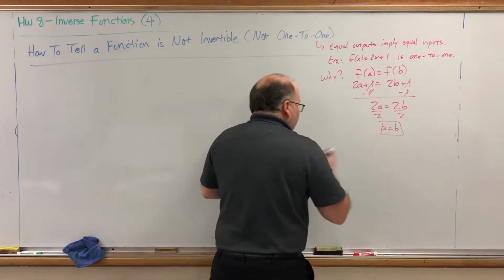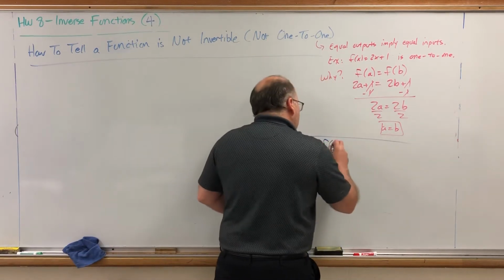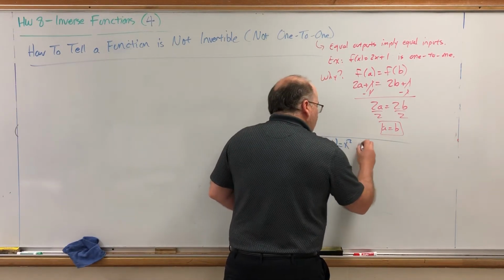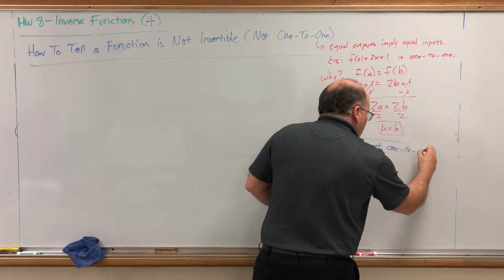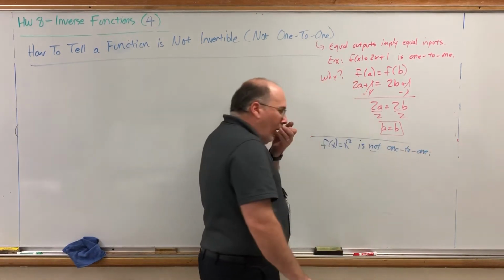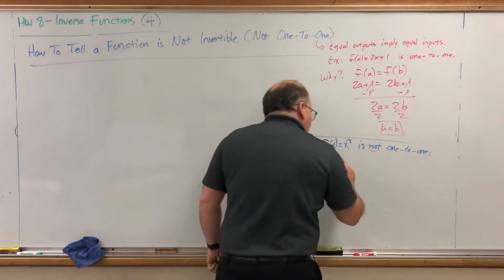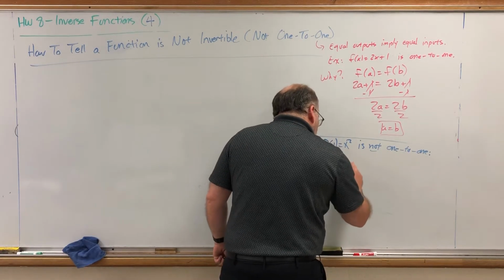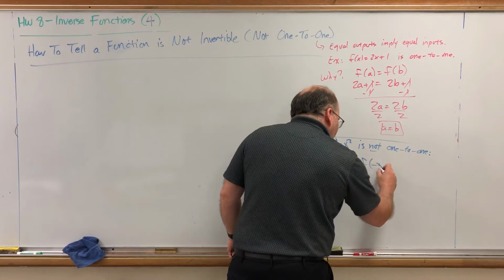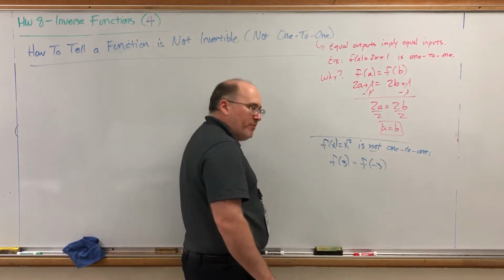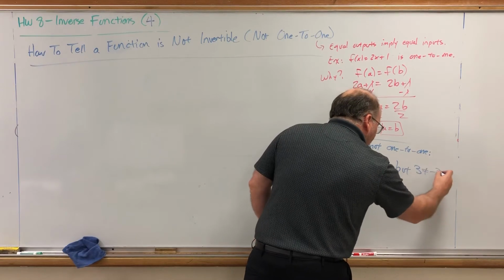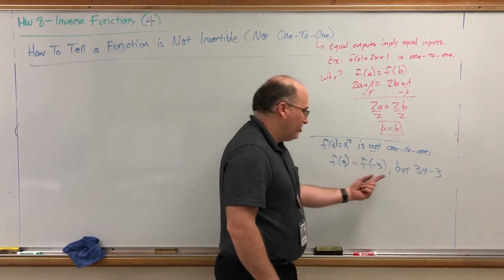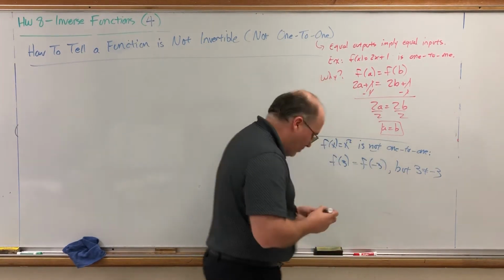So f of x equals x squared is not one-to-one, because when I put in 3 and I put in negative 3, I get the same answers. They both end up being 9. But 3 is not equal to negative 3. Equal outputs did not force the inputs to be equal.